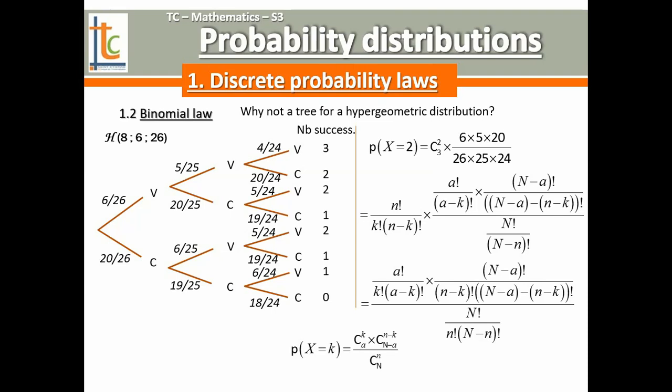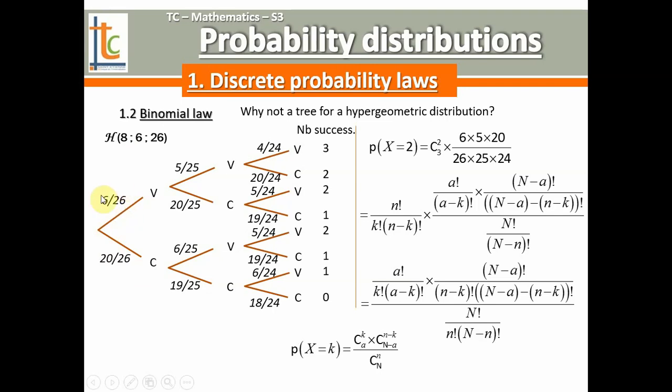In a hypergeometric distribution, the expectation is calculated as n times A divided by N capital. In a binomial distribution, the expectation equals n times p. But A divided by N capital equals p if you consider the first level of the tree.